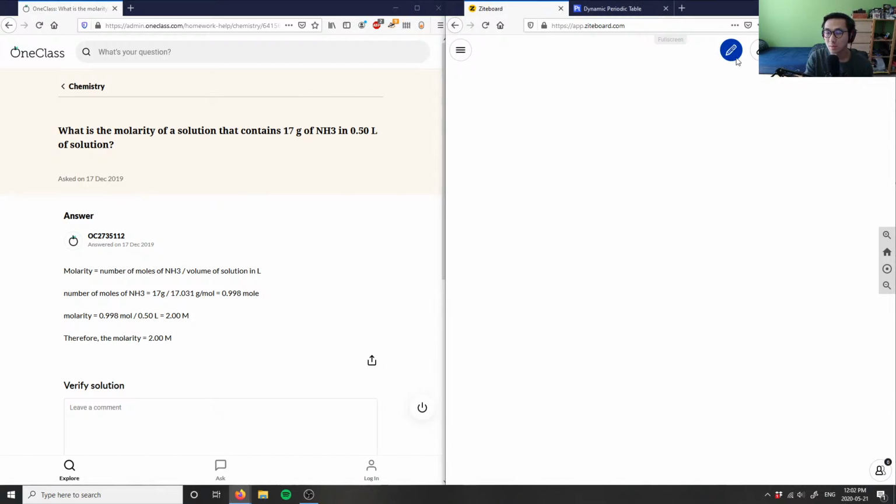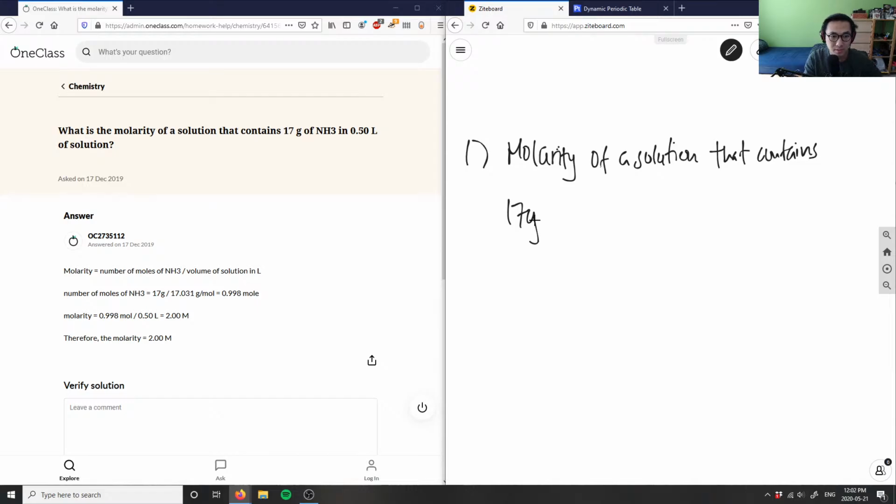Okay, so let's see. I want the molarity of a solution that contains 17 grams of NH3 in 0.5 liters of solution.